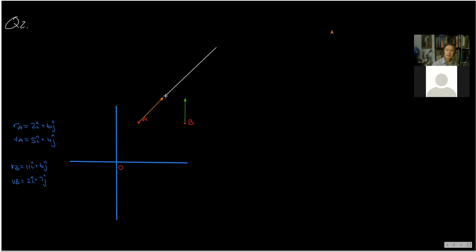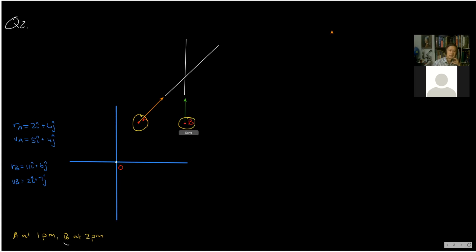A is seen from O at 1 p.m., and this position was seen at 1 o'clock, while this position was seen at 2.